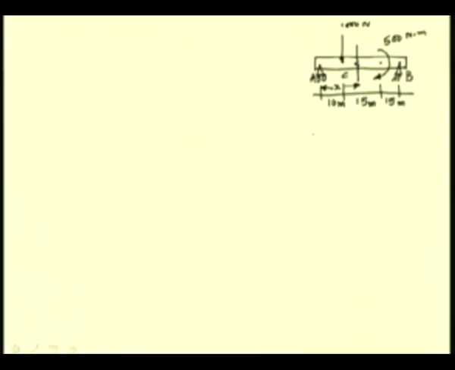So, let us draw the free body diagram. At A, we have a roller support.